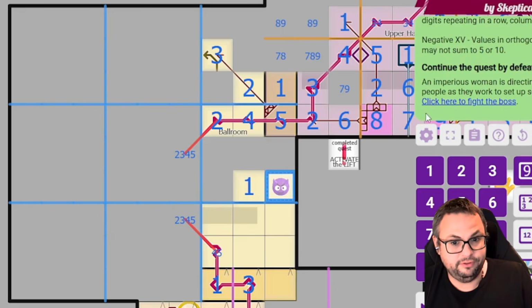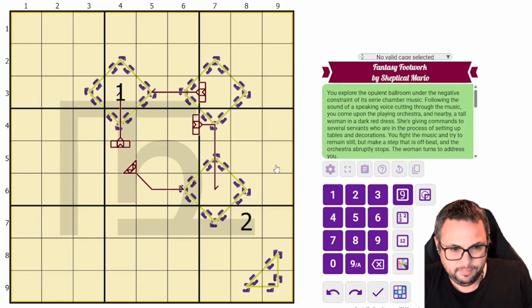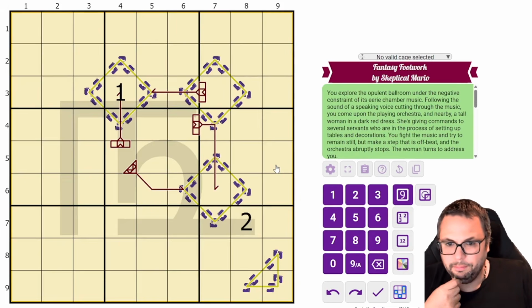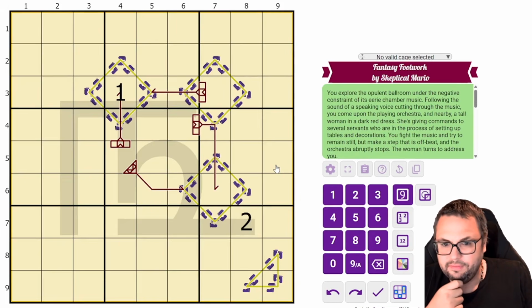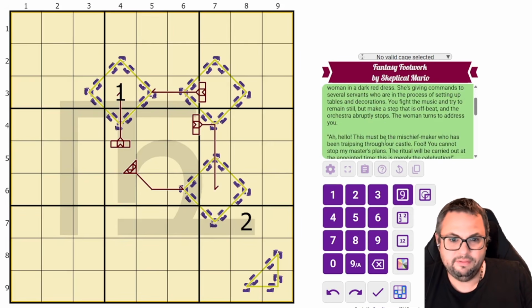And now we've got a boss cell. Here we have a boss puzzle, Fantasy Footwork. You explore the opulent ballroom under the negative constraint of its eerie chamber music. Follow the sound of a speaking voice cutting through the music. You come upon a playing orchestra, and nearby, a tall woman in a dark red dress. She's giving commands to several servants who are in the process of setting up tables and decorations.